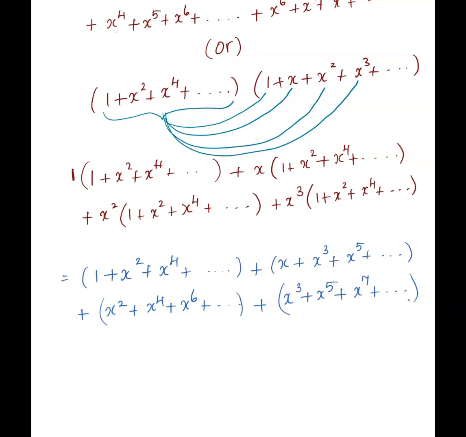Right? I just like to see it that way, just so I can account for how many repetitions there will be. Okay, so if I were to do this for the x power 4 times the expression, that x power 4 would begin with x power 4 plus x power 6 and so on, isn't it? And x power 5 would start with x power 5 plus x power 7.